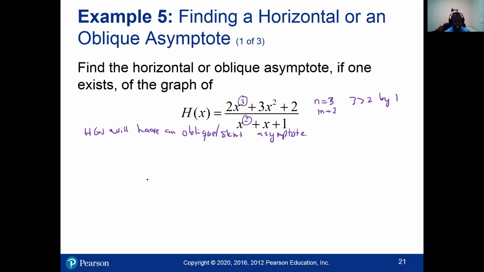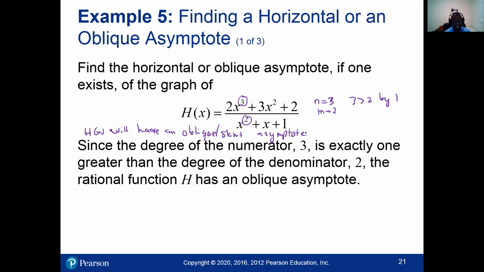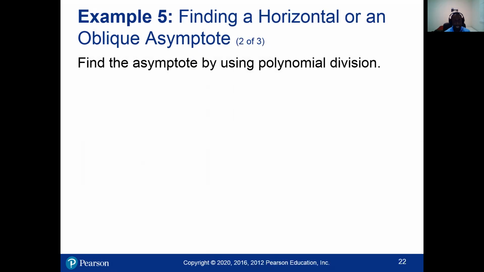Now how do you find that? Well, we need to divide this expression. As we explained, h of x will have an oblique asymptote, so let's divide and find it.